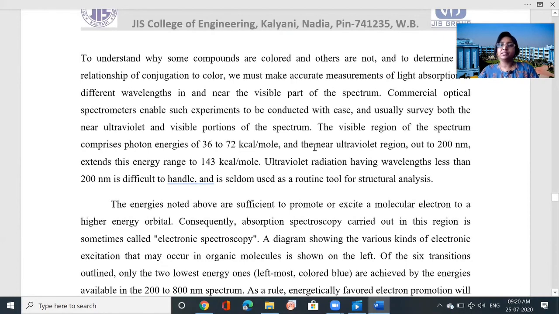The visible region comprises photon energies of 36 to 72 kilocalories per mole. The ultraviolet region out of 200 nanometers extends the energy to 143 kilocalories per mole. Consequently, absorption spectroscopy carried out in this region is called electronic spectroscopy.